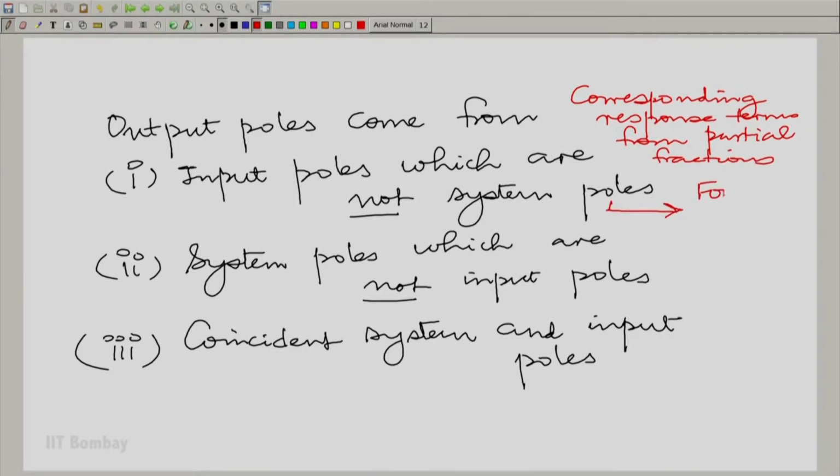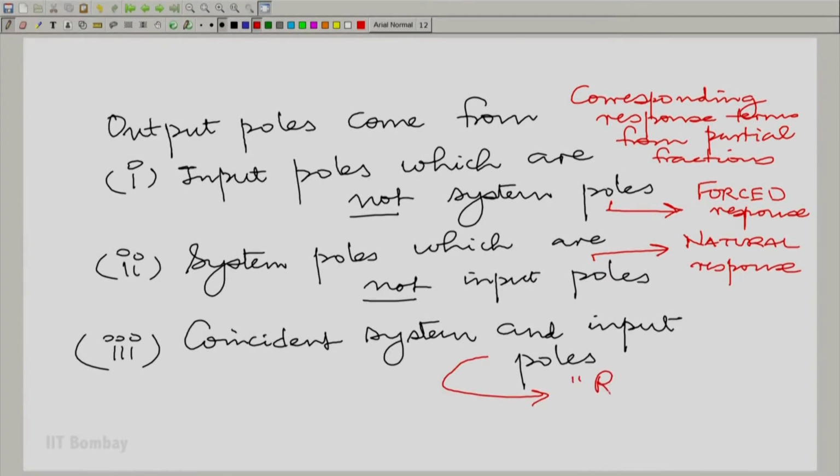These poles give what are called the forced response of the system. These give what are called the natural response of the system, and these give what are called the resonant response of the system. So, when you have a rational input feeding a rational system, you get three parts in the response.